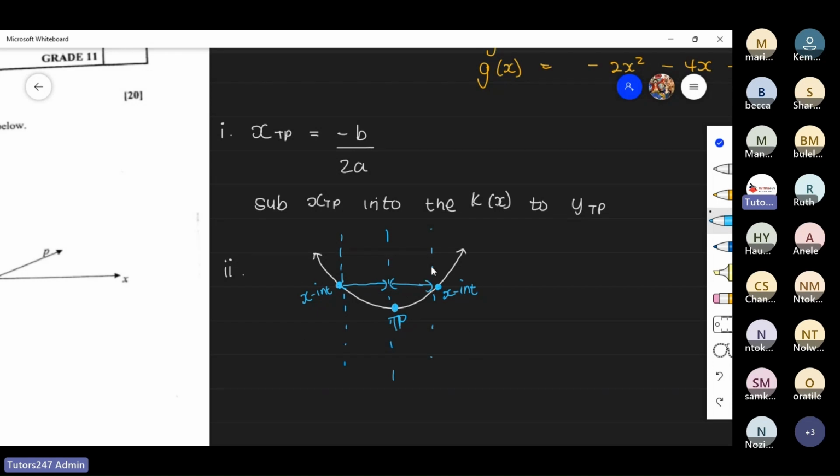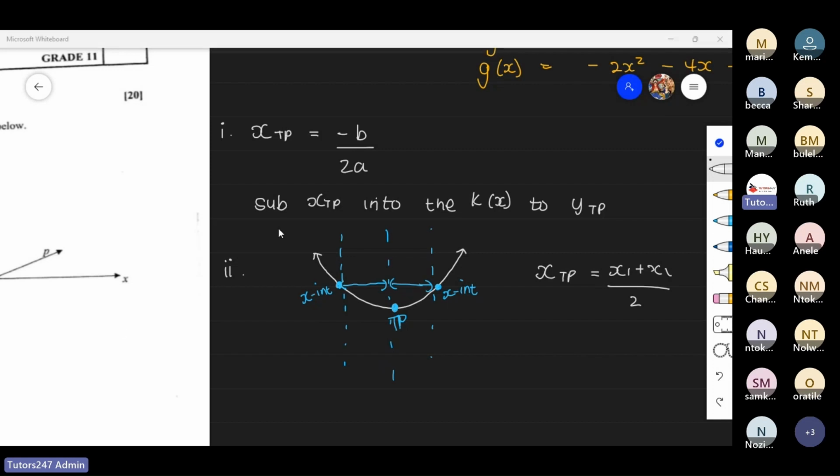Now, because of that, we then have the formula xtp is equal to x1 plus x2 all over 2. So that is our x part of our midpoint. So we can calculate the x value of our turning point by adding up the x-intercepts and dividing it by 2.